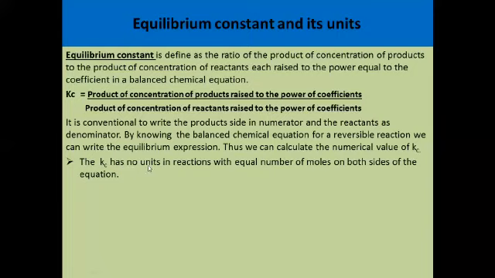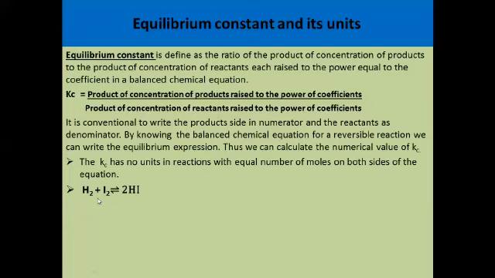The Kc has no units in reactions where the number of moles of reactants is equal to the number of moles of products. When the number of moles of reactants and products are equal, like in this example, you can see 1 mole of hydrogen reacts with 1 mole of iodine and gives 2 moles of hydrogen iodide.